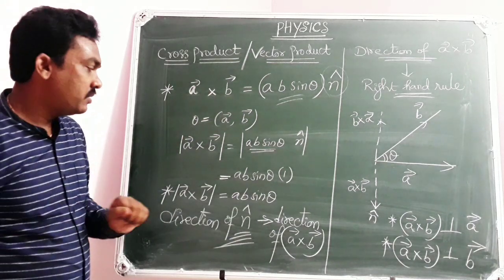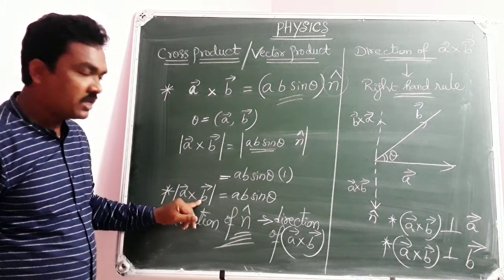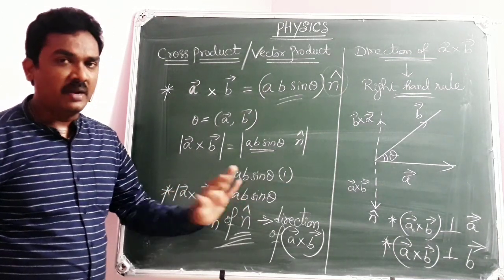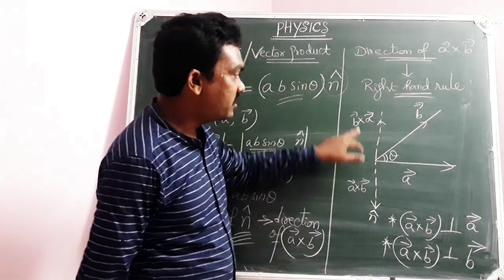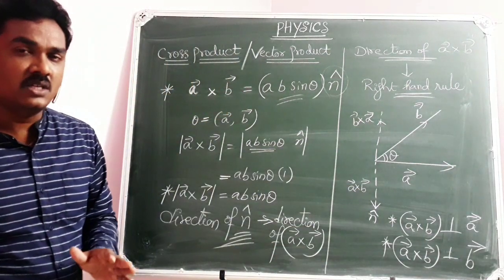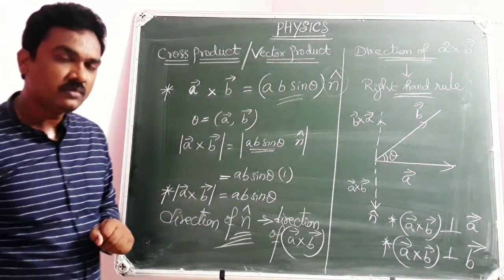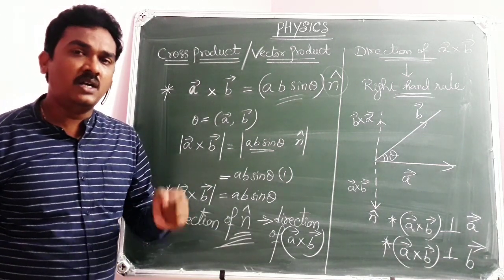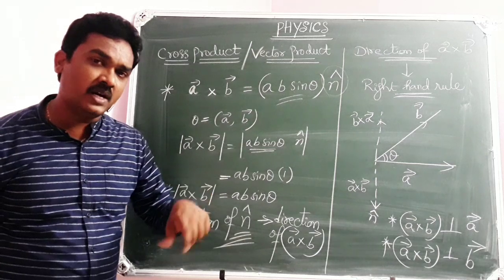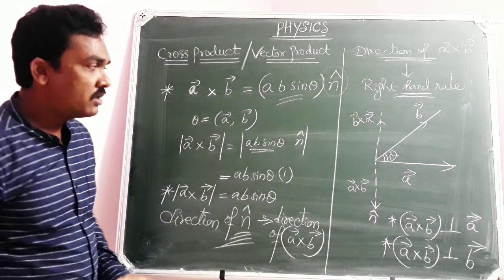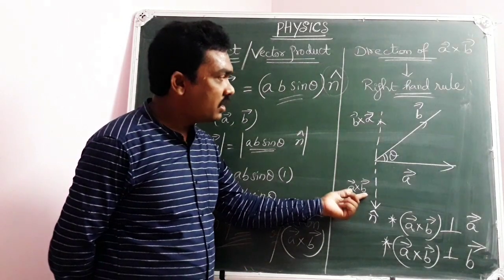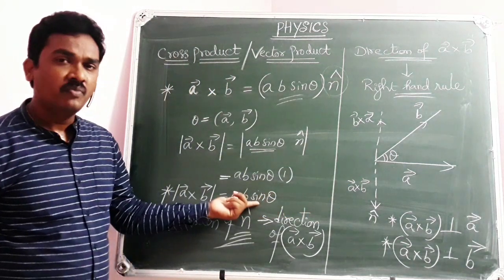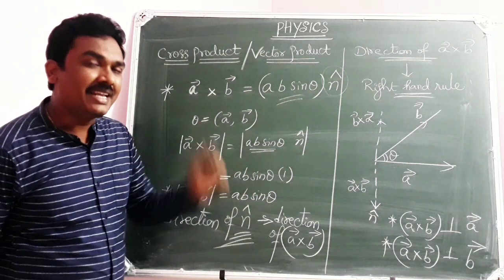And a very interesting point: whether it is modulus of A bar cross B bar or B bar cross A bar, AB sin theta is only the magnitude, but their directions are opposite. That's why cross product is not commutative. Dot product is commutative because A bar dot B bar equals B bar dot A bar. But A bar cross B bar will not be equal to B bar cross A bar, because even though they are equal in magnitude, they are opposite in direction.